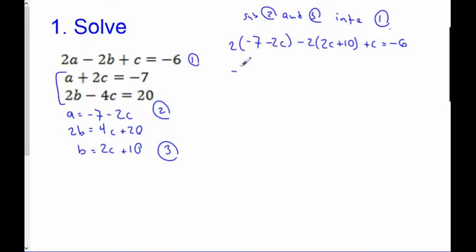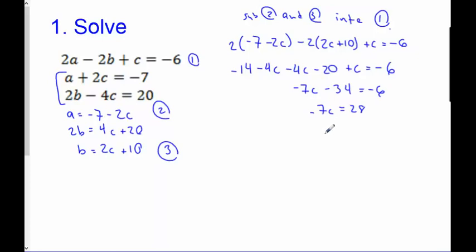I can then expand. Collect some of my like terms here. And I'm still working to isolate for c. End up with 28 over there, and then so c is -4.